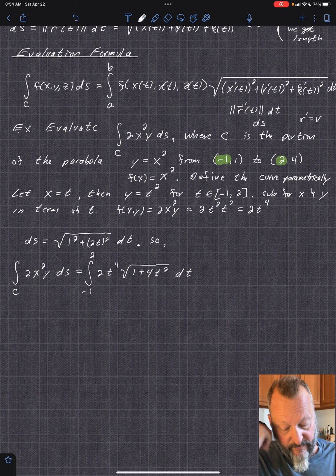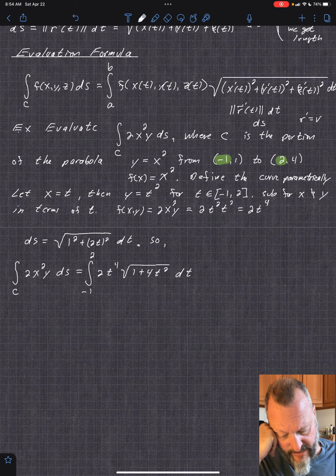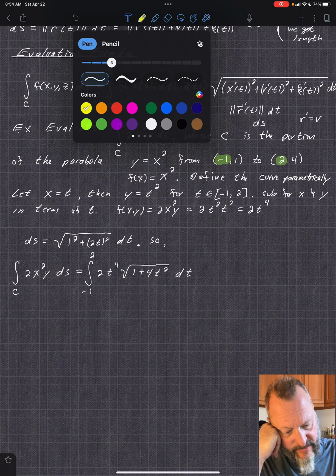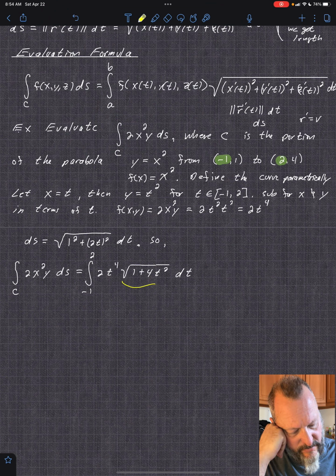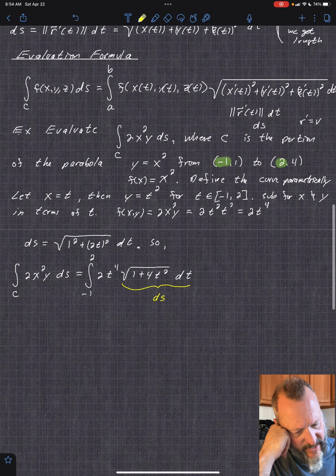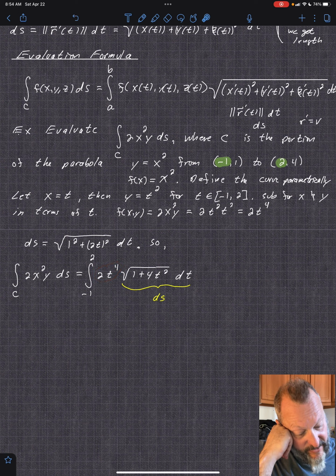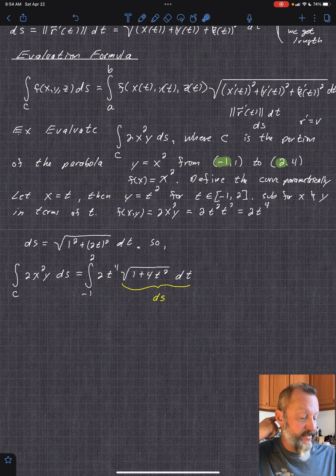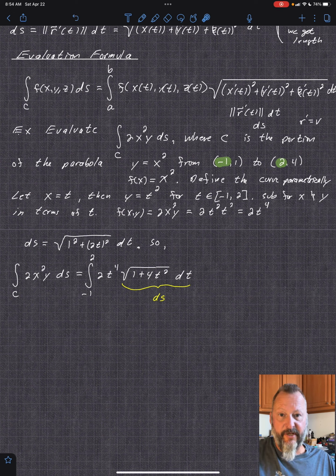Keep in mind again that this is your ds, and this is your function, and everything now is in terms of t. You have to get it in terms of something you can integrate. The ds, what does that mean until you actually evaluate something?